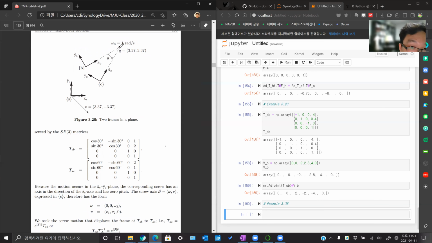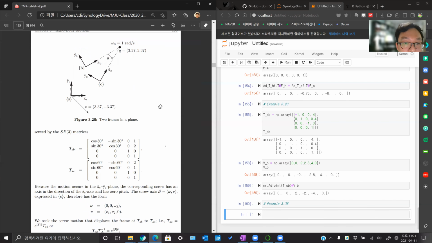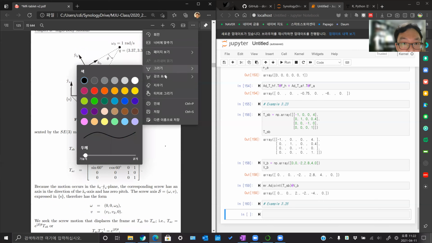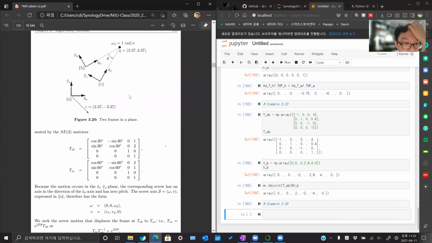If we draw the line from here to here, we can make this velocity here. In this case, T_SB is something like this, and T_SC is something like this.